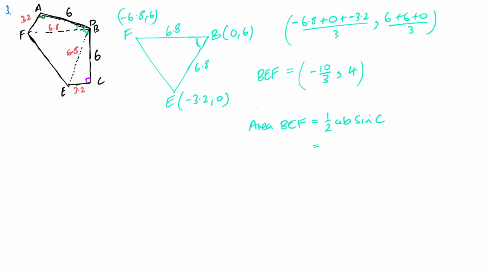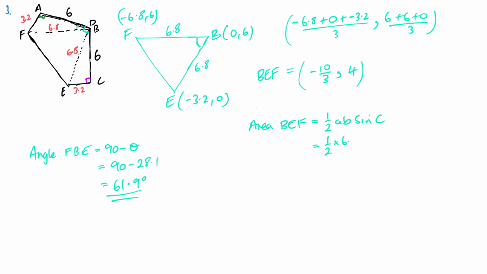So this angle, FBE, is 90 minus our theta from earlier. So 90 minus that 28.1 will give me 61.9 degrees, which obviously I will use the full value of.